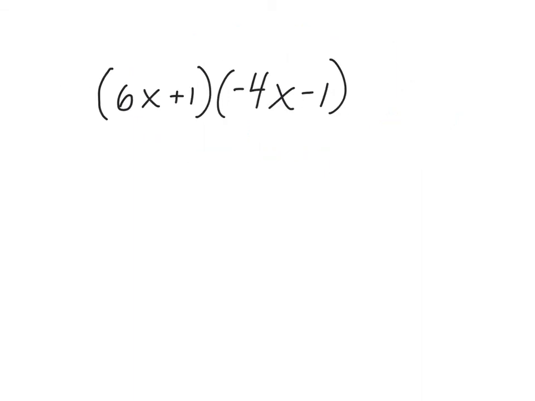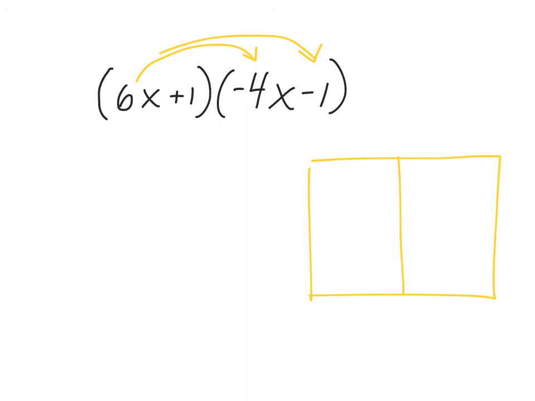In this example, you either need to double distribute or set up the box method. You decide what you like best. I'm setting up the box to show you how you would do your setup, but if you prefer just to distribute, you take 6x times negative 4x is negative 24x squared.